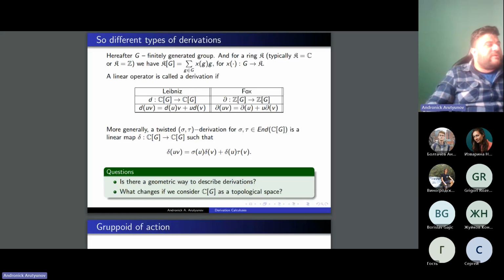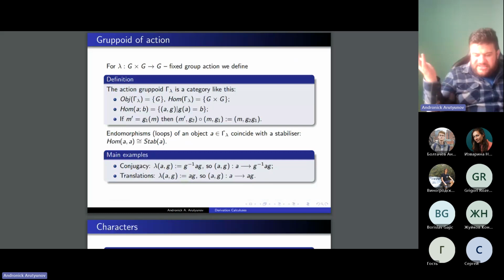So I say that we need some characters on a groupoid. So what is a groupoid? A groupoid is a category. If you don't like category theory, then you can think about objects of this category just as points, and points are group elements, and you have got morphisms, or just geometrically arrows. Arrows are pairs of group elements.